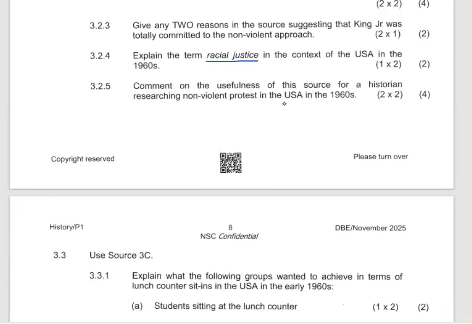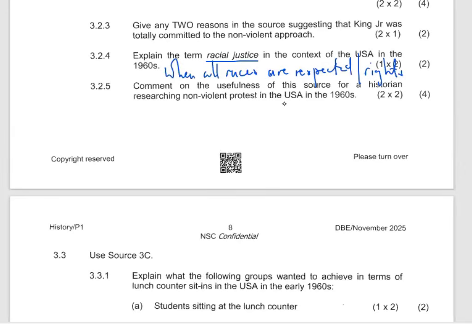In this question, racial justice refers to a situation when the rights of all races are respected.